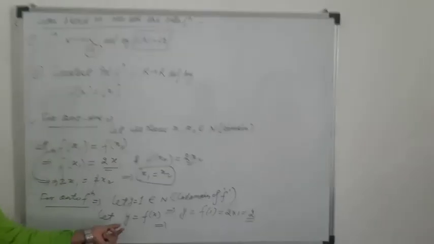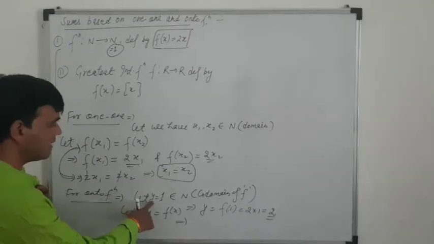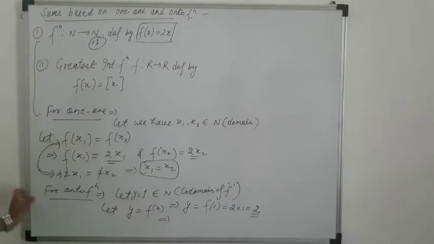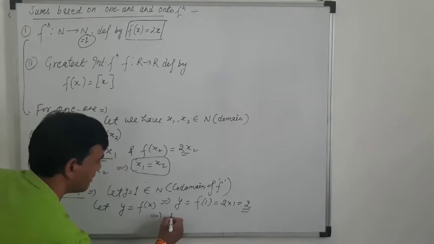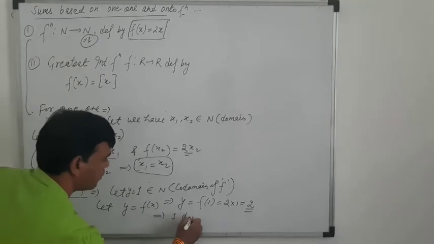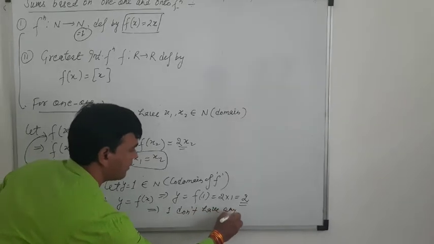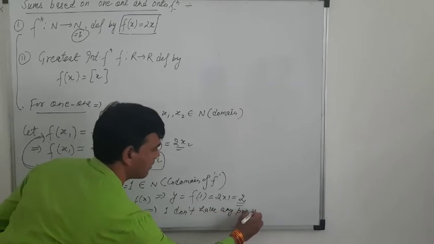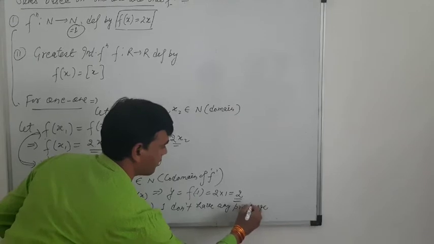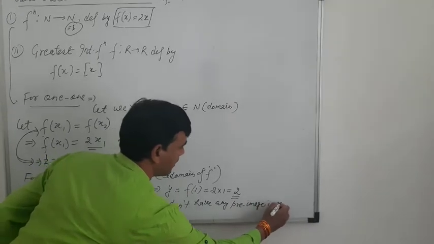It means you can say that since 1 belongs to the codomain, this implies that 1 doesn't have any pre-image in N, that is the domain.